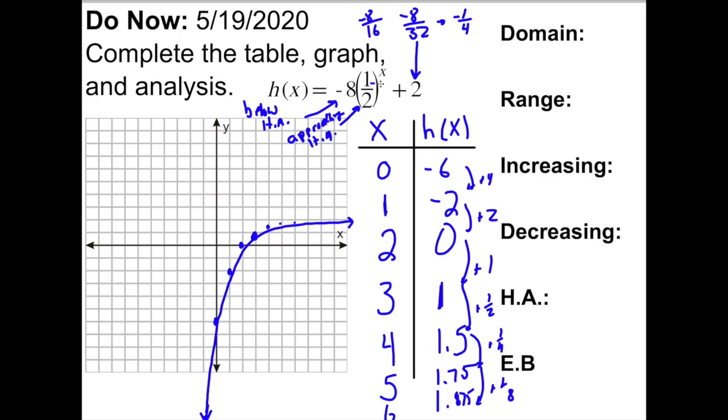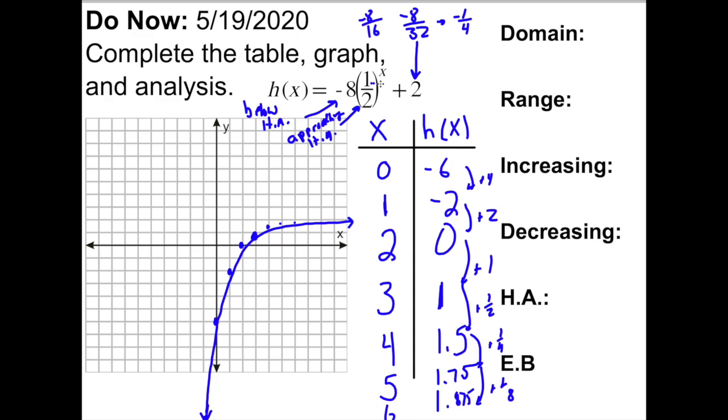When x is -10, 2 to the 10 is 1024. So if you're plugging in -10, you're getting -8192. And when you add 2, you get -8190.